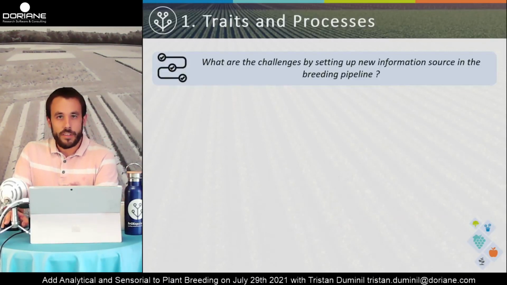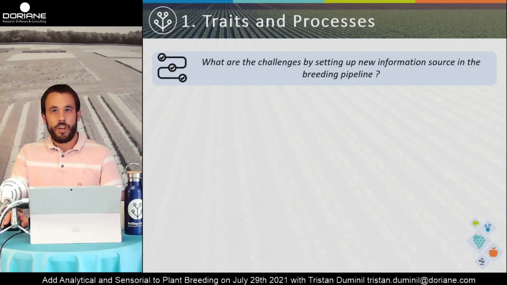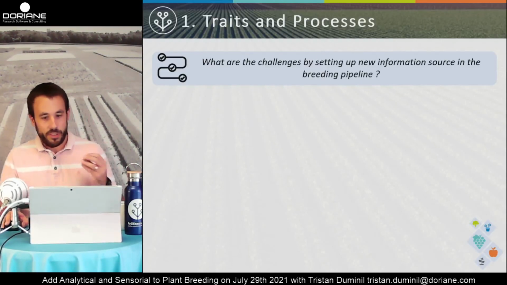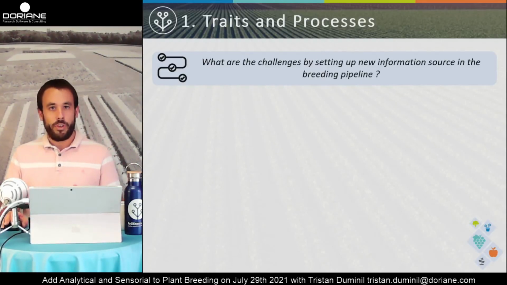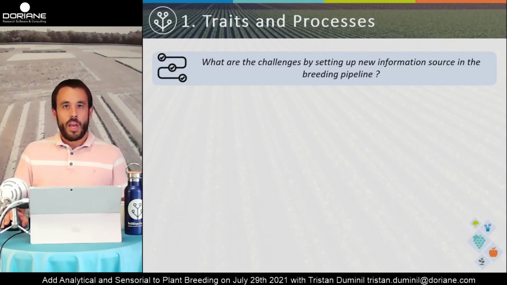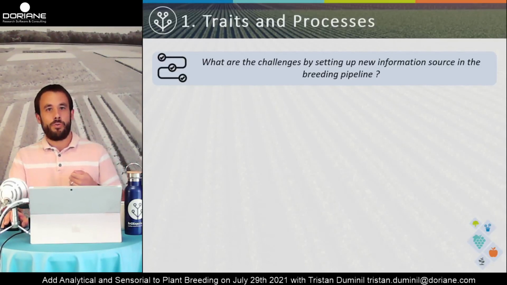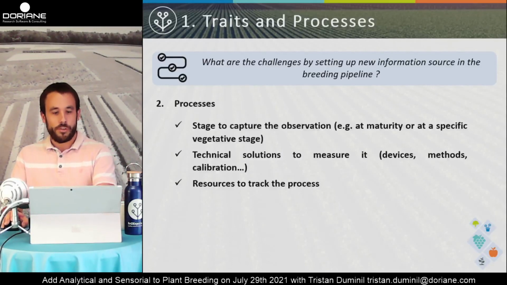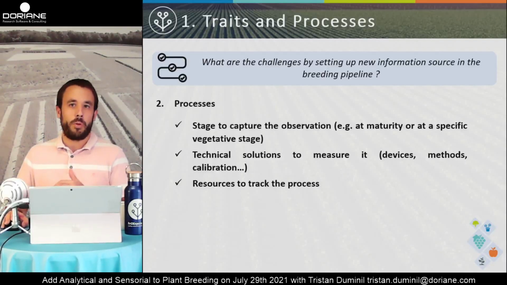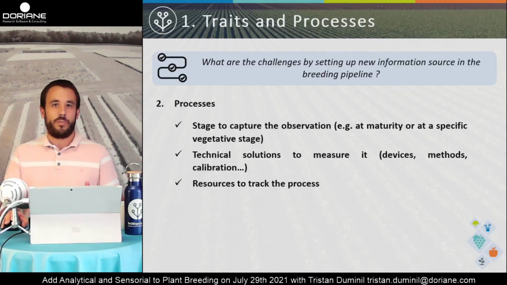In many cases, characterizing analytical traits results from complex workflows put in place to recover them. So what are the challenges of setting up a new information source in the breeding pipeline? R&D departments face new challenges. So first, there can be some traits which need to be measured at a specific vegetative development stage.